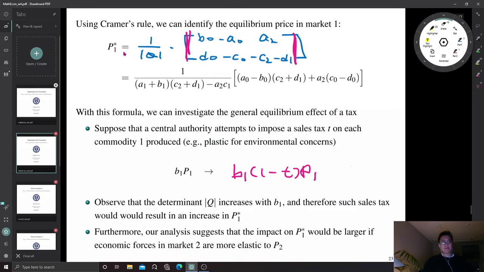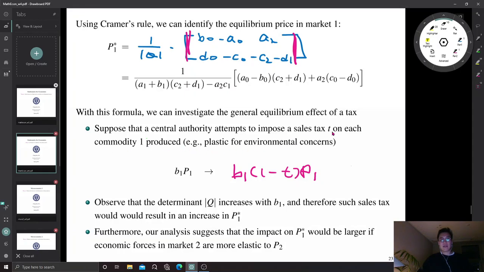So we express the equilibrium price of good one as a function of several parameters. And using this formula, we can do some comparative static analysis. For example, we can investigate the equilibrium effect of a tax. For a specific example, suppose that a central authority attempts to impose a sales tax on each unit of commodity one produced.